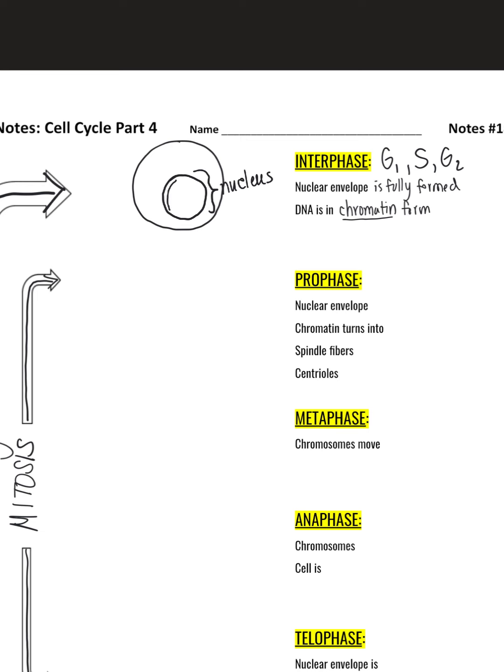This little outer rim is going to be the nuclear envelope, just that outer edge of the nucleus. The DNA is in chromatin form, so it's going to look like these long, thin, skinny, kind of like noodles.